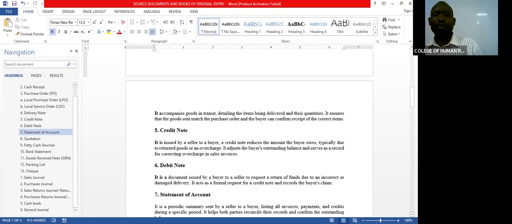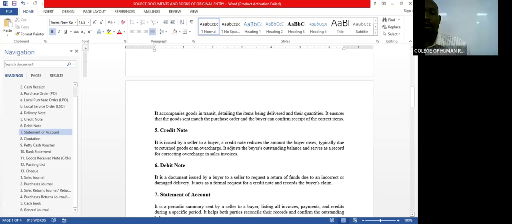That is the credit note. After you have returned some goods and you have received an invoice for the whole consignment, there is a need to issue the credit note, which will correct that overcharge in the initial invoice and give you the correct amount to be paid.